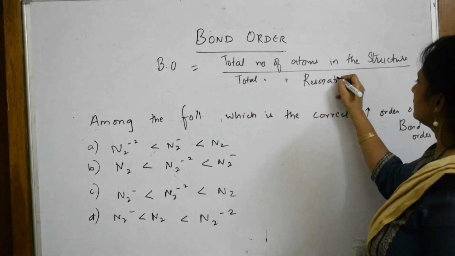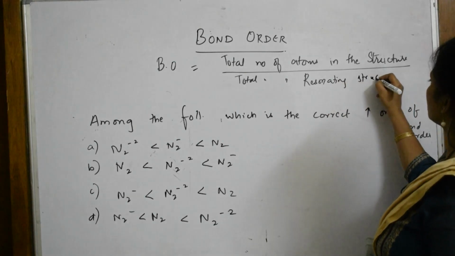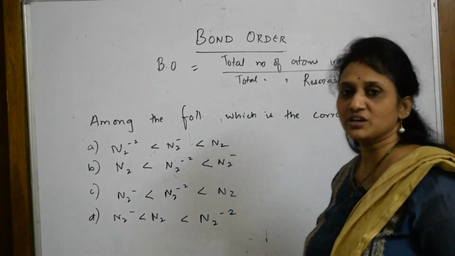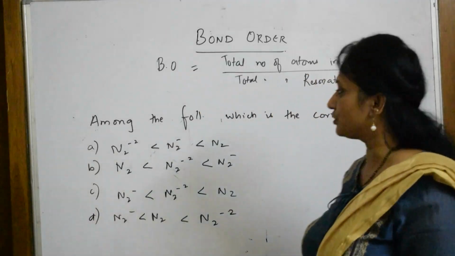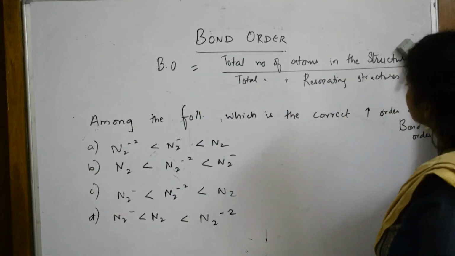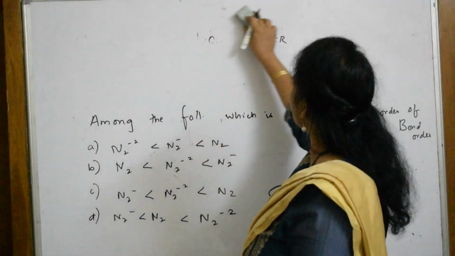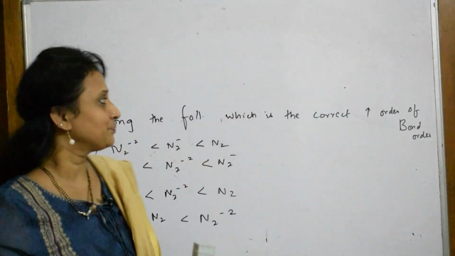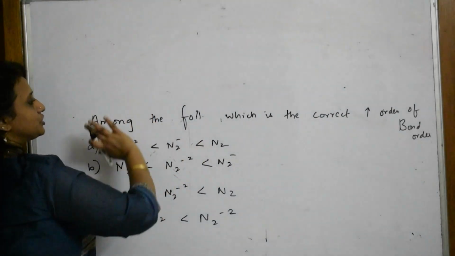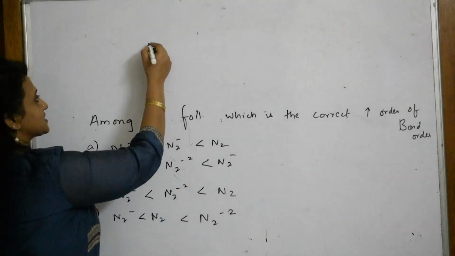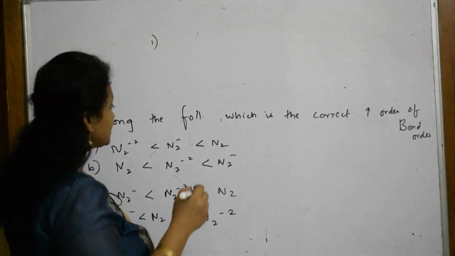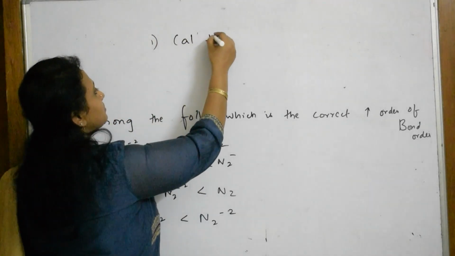Okay, so here in the exam it's very difficult for you to keep checking, drawing the structures and everything. So one trick for you all, remember. So I'll erase this and just see, I'll give you one important thing. What is that? Simple, whichever structure is given to you, you need to calculate the bond order. Follow this step. Step number 1, that is, first you calculate the total number of electrons.